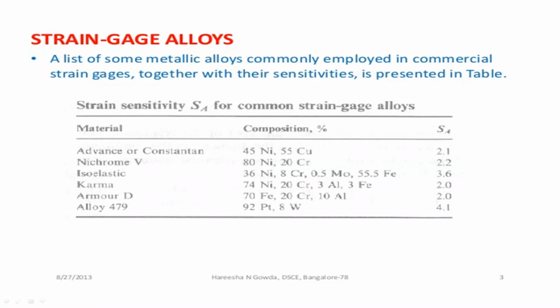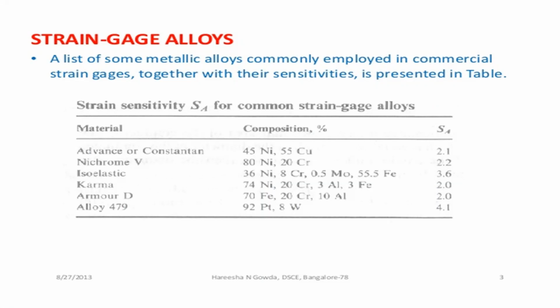There are different types of strain gauge materials used to manufacture strain gauges. You can see a list of some metallic alloys commonly employed in commercial strain gauges, together with their sensitivity, presented in the table. Strain gauges are manufactured based upon different working principles and properties.